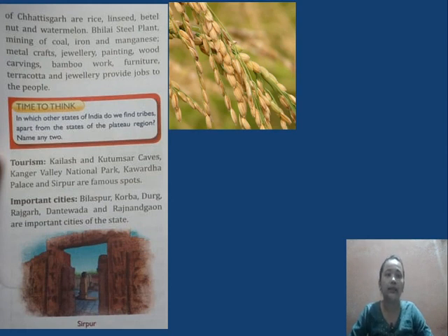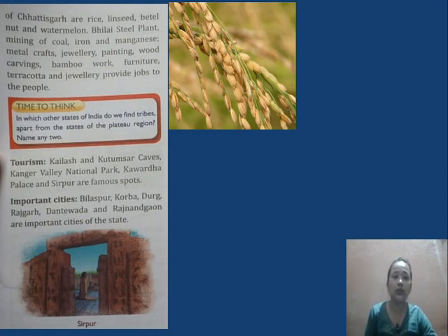Metal and crafts, jewelry, painting, wood carving, bamboo work, furniture and terracotta provide jobs to the people. The main crop is rice, and because of these other occupations, the people are getting jobs.